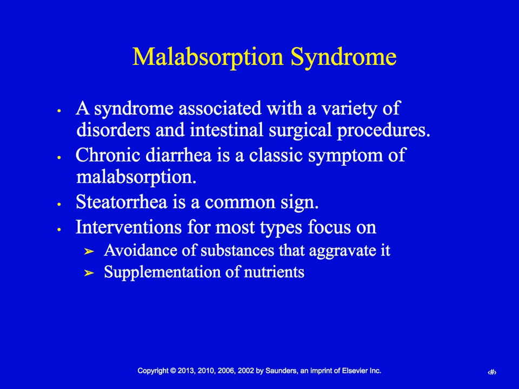Malabsorption syndrome is just a syndrome that can occur from all of the disorders that we talked about. It can be Crohn's, it can be ulcerative colitis, but basically the patient is just unable to absorb the nutrients from their GI tract. Sometimes it's a genetic factor. It could be they lack certain enzymes that help break down the food so it can be absorbed.